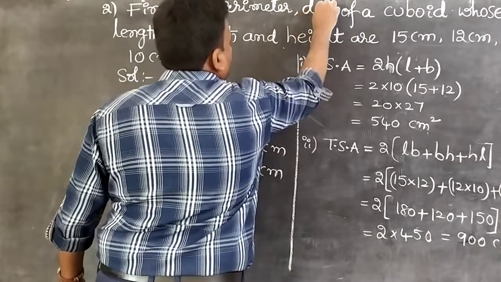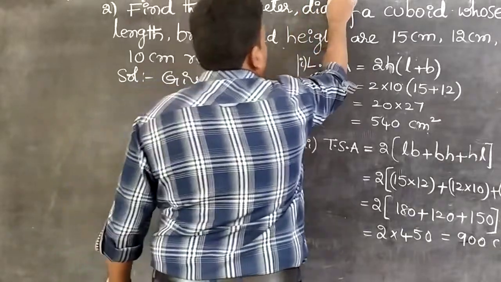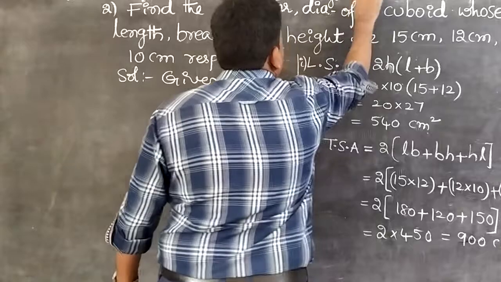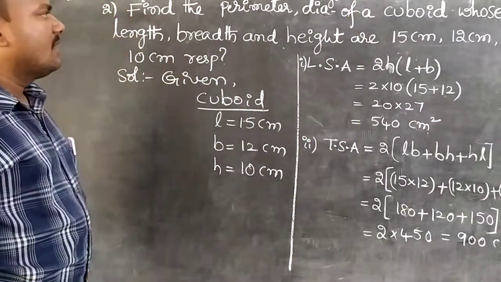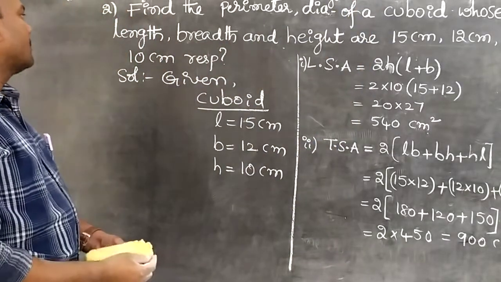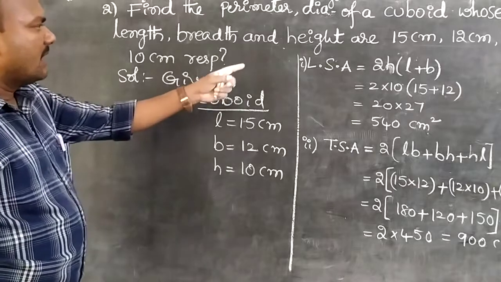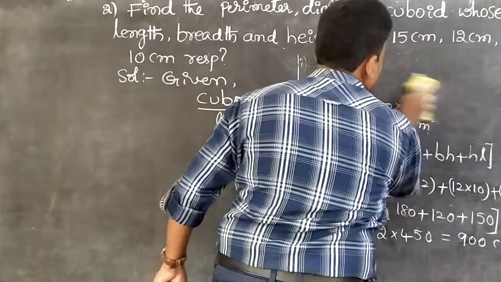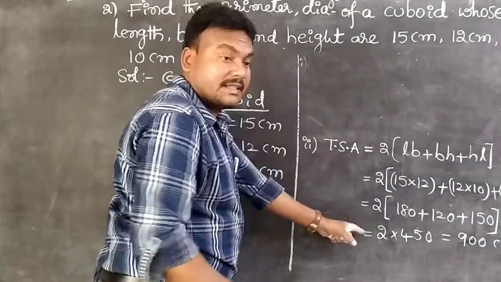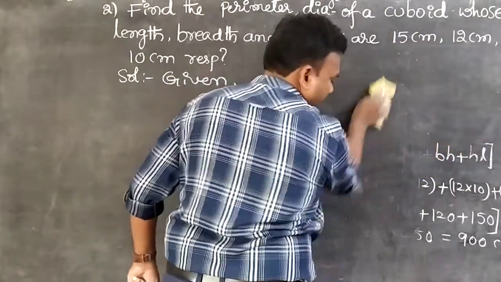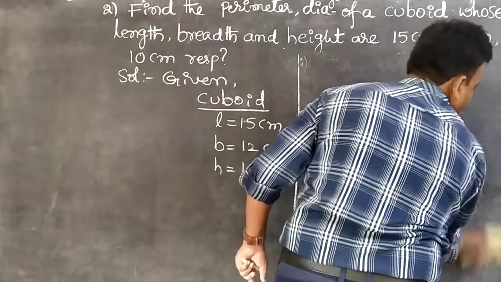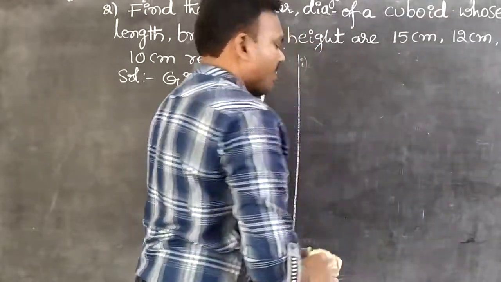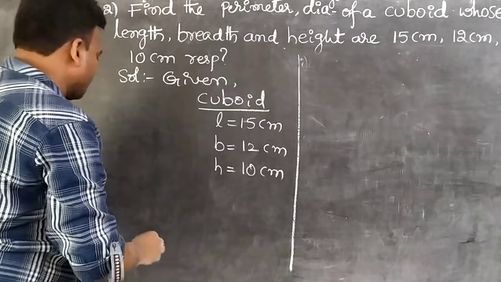Find the perimeter and diagonal of a cuboid whose length, breadth and height are 15 cm, 12 and 10 centimeters. Right, students? I think you understood this method. First one, observe, all of you.